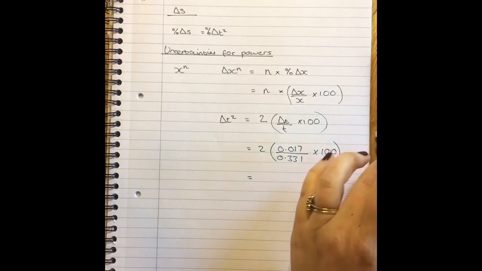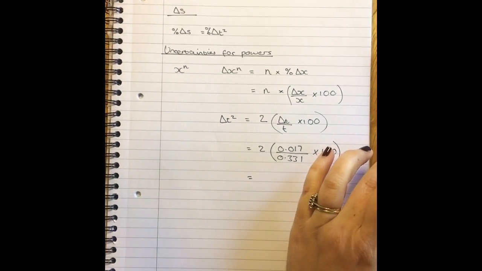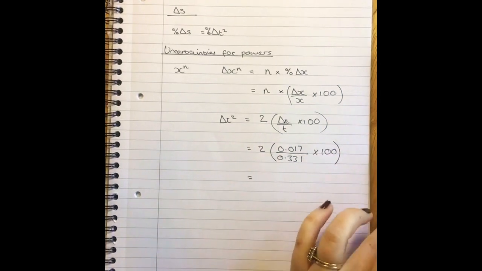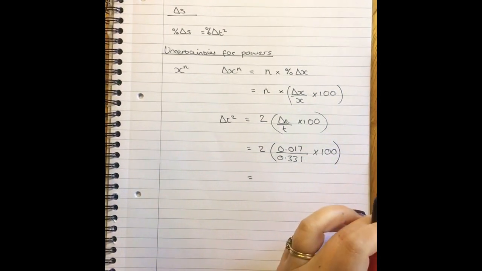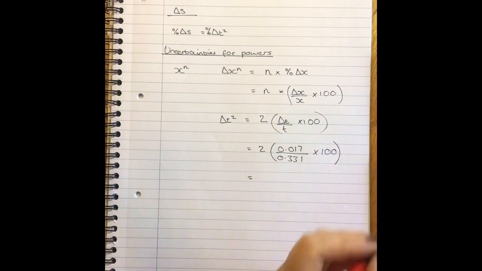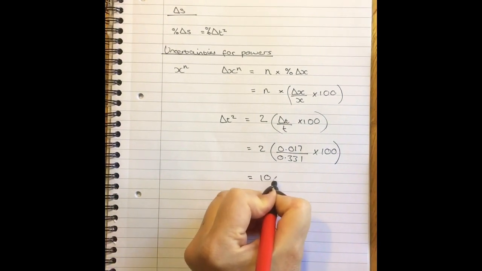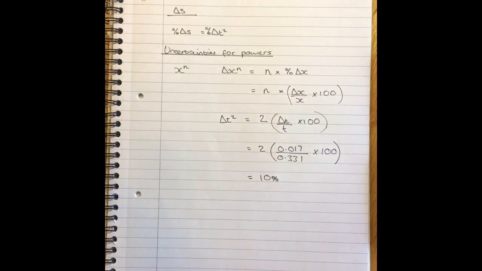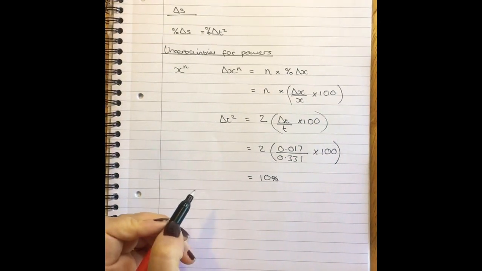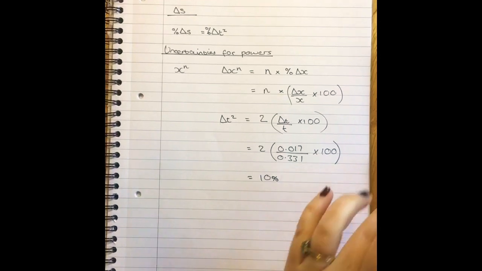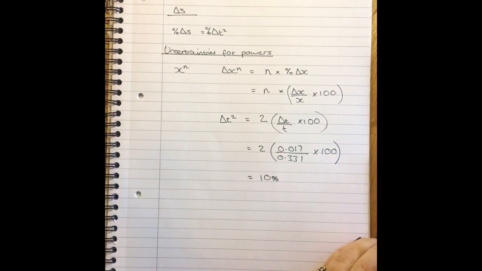That would be a good way of finding out if these skills are really bedding in. And that comes out as 10%. Okay, so making the uncertainty in the original t about 5%.